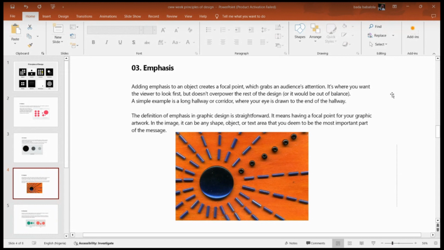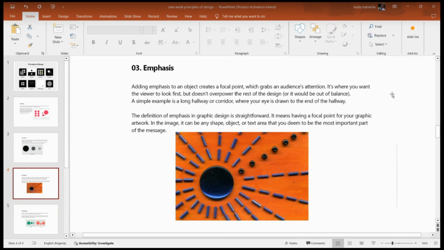The major aim why we work with emphasis is because we need the audience or the viewer to check for more details. It's just like we're having a picnic and you see a basket of fruit; when that image appeals to the viewer, they will want to know more about the program or the image on the design. So that is what emphasis is.